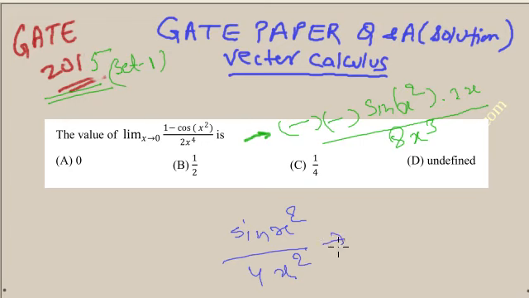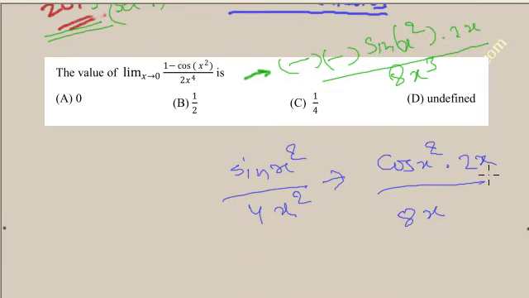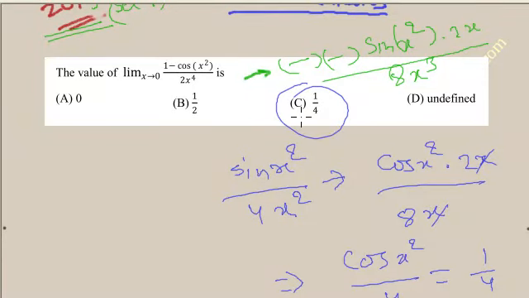If you differentiate it again, you will get cos x square into 2x divided by 8x. If you cancel this, you will get cos x square divided by 4. If you put x equal to 0 here, you will get 1 by 4. So the answer is C, 1 by 4.